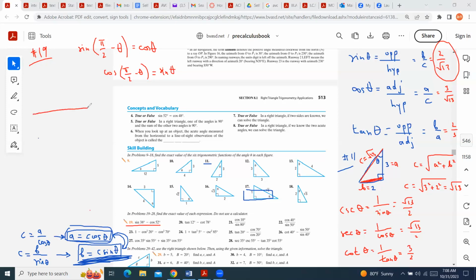So secant was cosecant of pi over 2 minus theta. We utilized the sine of difference of two angles to show it, but you could also look at the right triangle and notice if theta is here and this is 90 degrees or pi over 2, then the other angle will be pi over 2 minus theta.